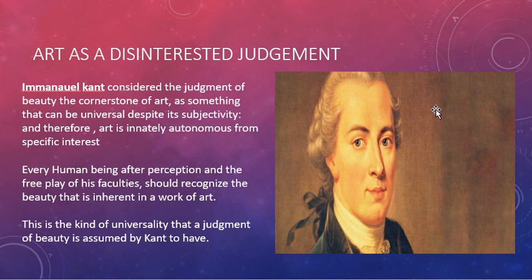This is the kind of universality that a judgment of beauty is assumed by Kant to have. So there is a universality in evaluating or analyzing a work of art.